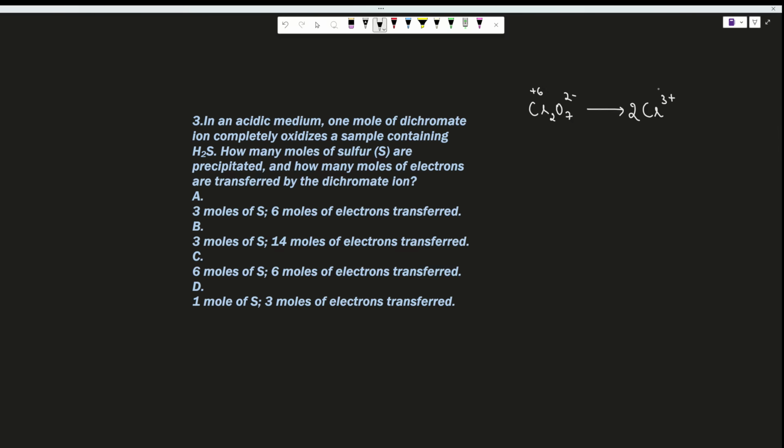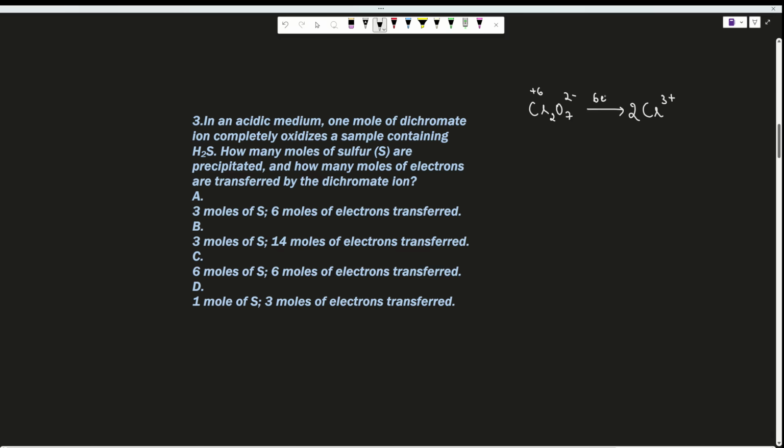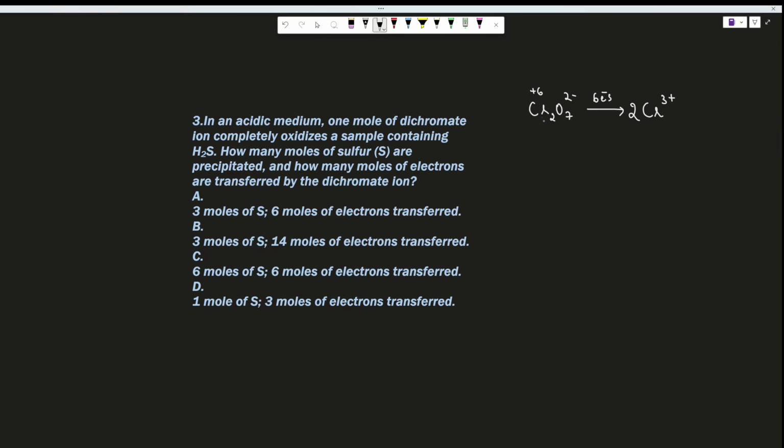The change is 3, but you have a total of 2 chromium atoms. So 2 into 3, the change will be 6. That means 6 electrons are involved. It is the transfer of 6 electrons. +6 to +3 means a reduction process, so gain of 6 electrons will happen.